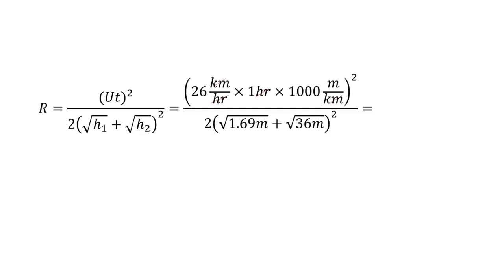Now kilometers cancel out each other, so we have meters squared in the numerator and meter in the denominator. Therefore, the final unit of the radius turns out to be in meters, and this is the final numerical value of the Earth radius as calculated at the harbor.